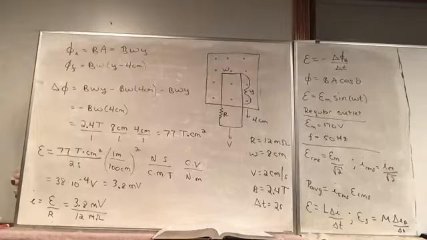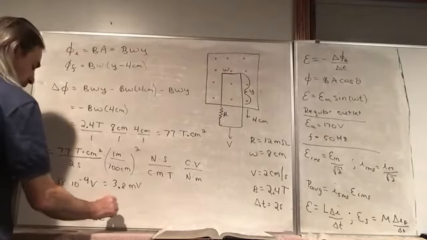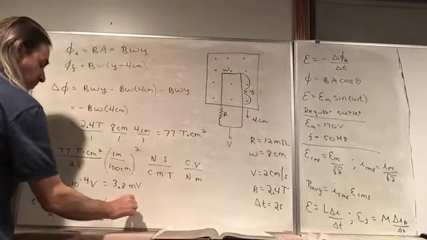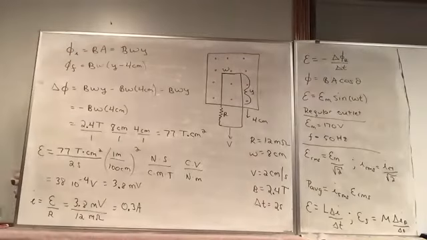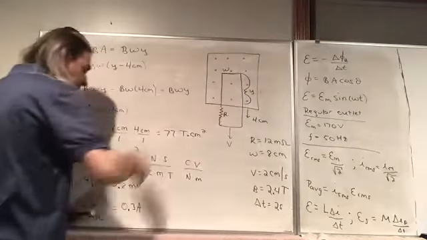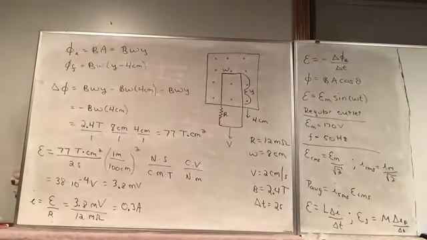And a volt over an ohm, the milli part just cancels out. A volt over an ohm is an amp. So 3.8 over 12, 4 over 12 is like 0.33. So let's just say 0.3 amps. So while this is moving, we would have an induced current of about 0.3 amps.